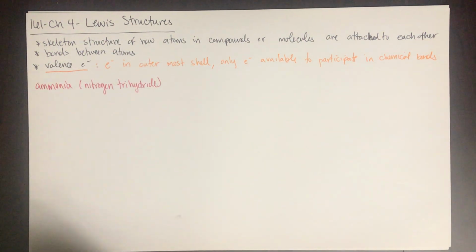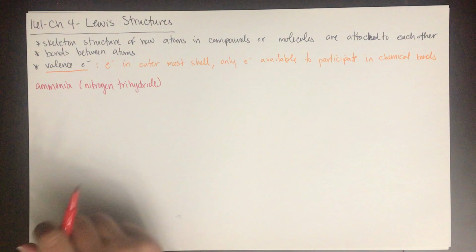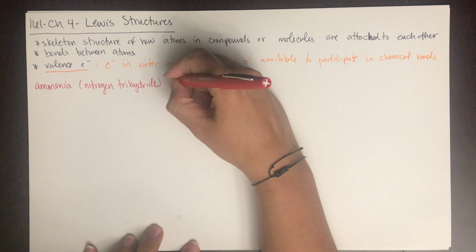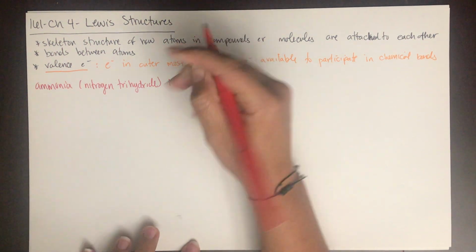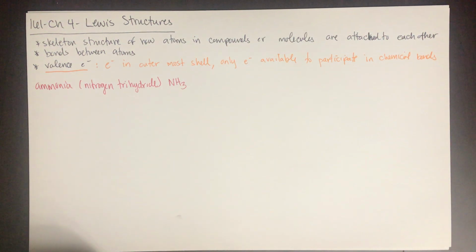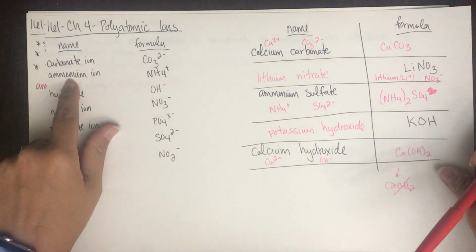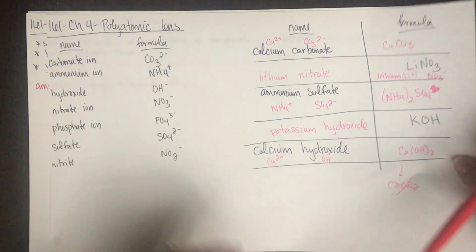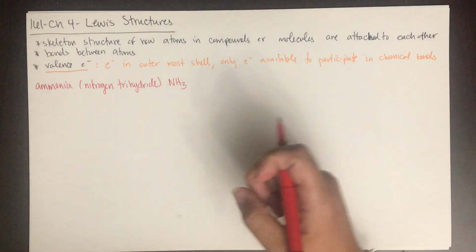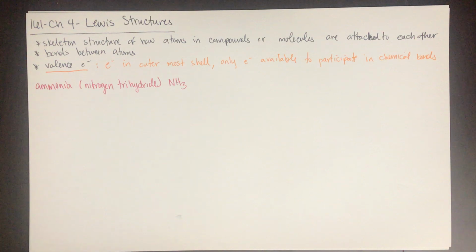Ammonia is the common name. I wouldn't expect you to know the common name. It's nitrogen trihydride, which is NH3. Do not get ammonia and ammonium confused. The ammonium ion is NH4 plus. And NH3, nitrogen trihydride, the common name for that is ammonia.